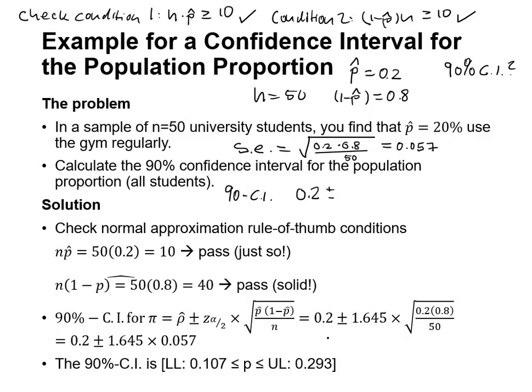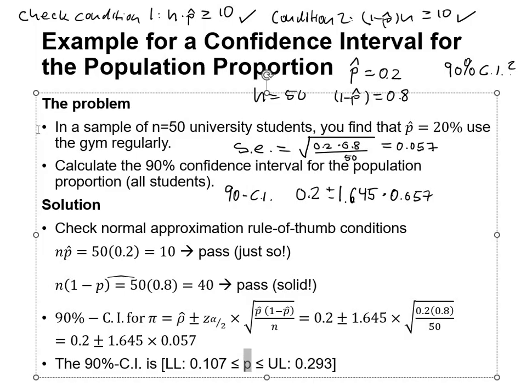So now we get 0.2 plus minus 1.645 times the standard error of 0.057. This is all what you see here in the solution. If you fill in the values, you get the lower limit of 10.7% and an upper limit of 29.3%.